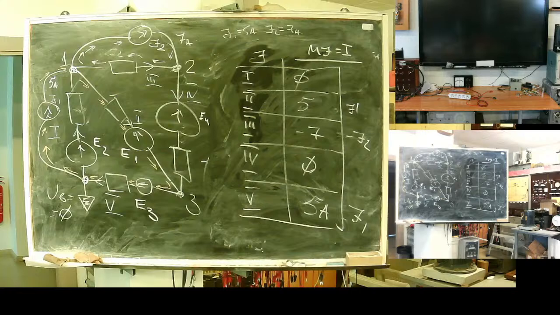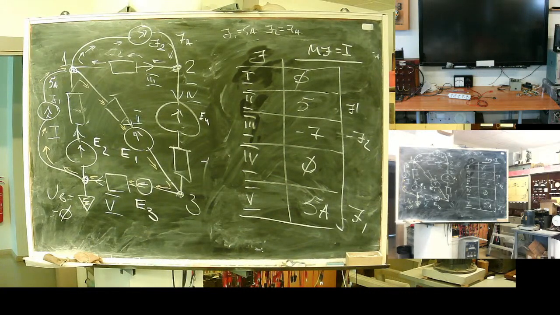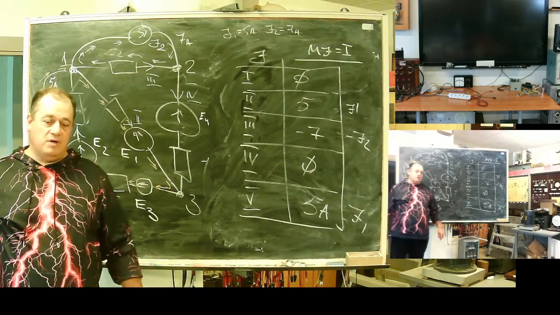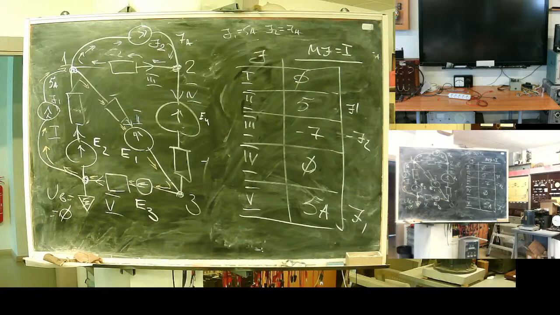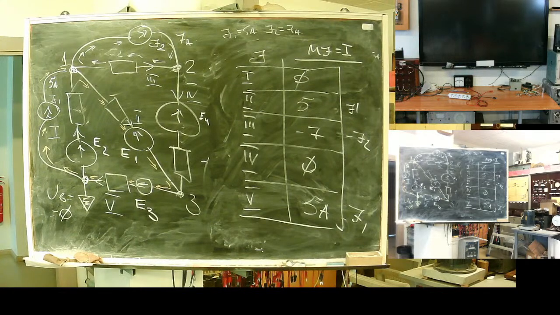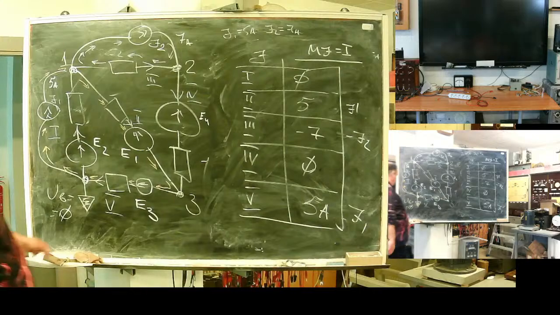M multiplied by G yields an I. You know what I can write now?